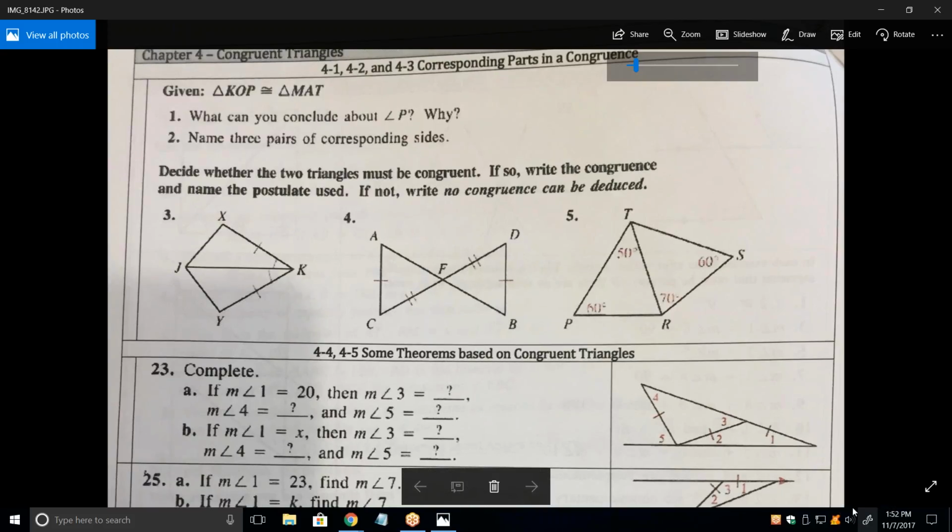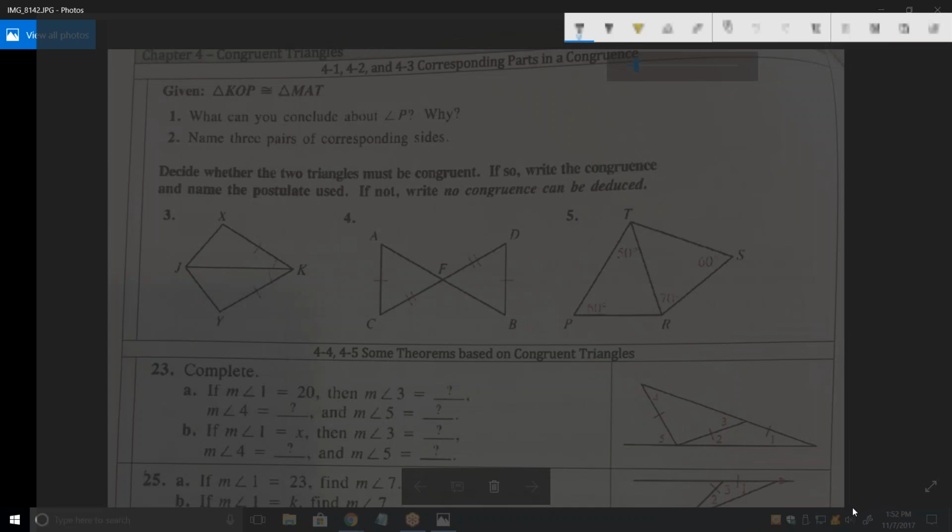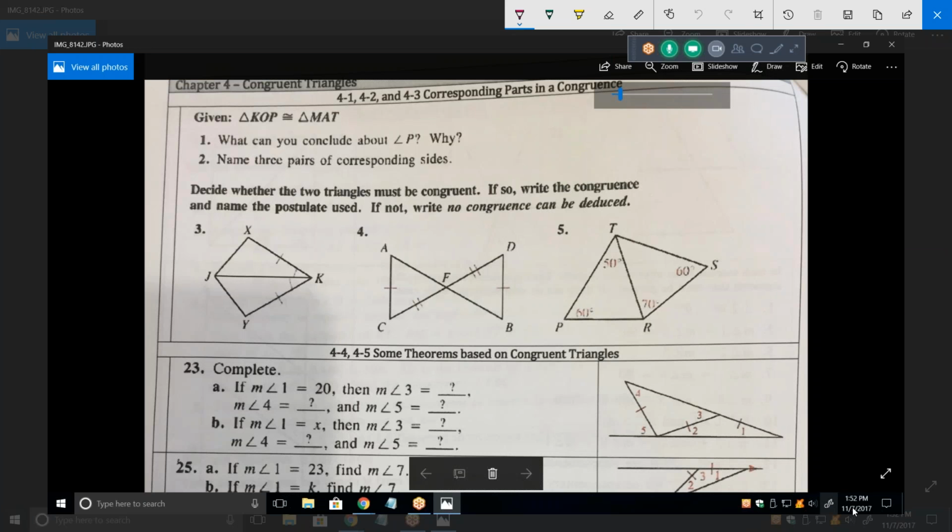I think it's just look at the given. Oh, okay. So this first question doesn't have anything to do with these 3 diagrams. No. My problem, or my fault.